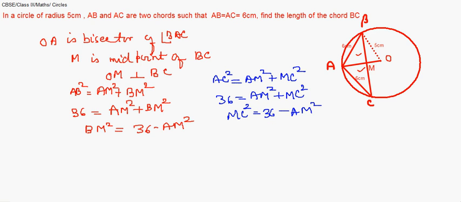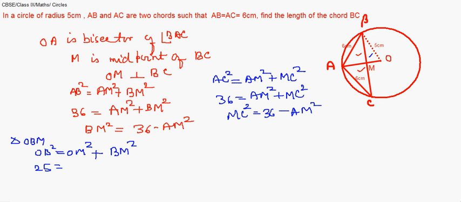Anything else which might help us? Look at this small triangle that might help me. In triangle OBM, what do we get? OB square we are getting as OM square plus BM square. OB was 5, so it's 25.